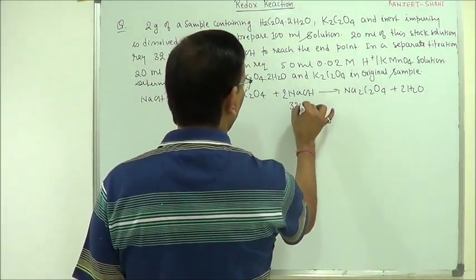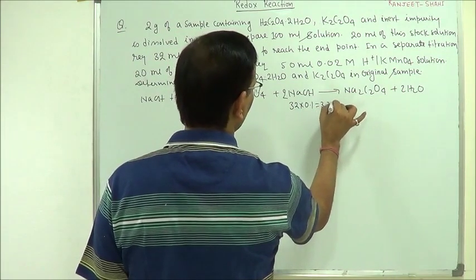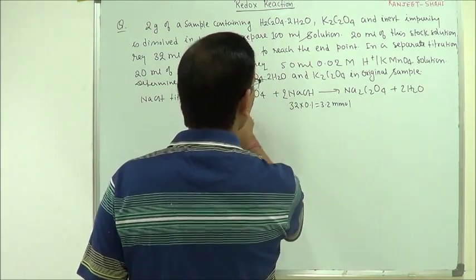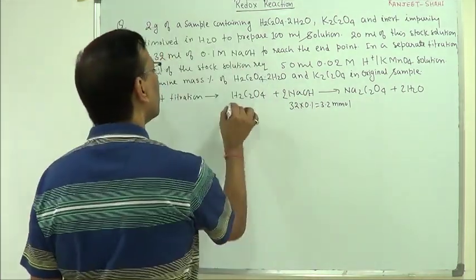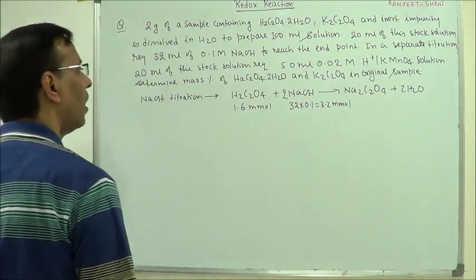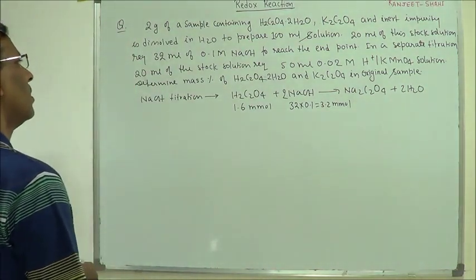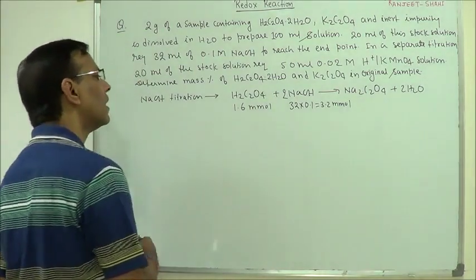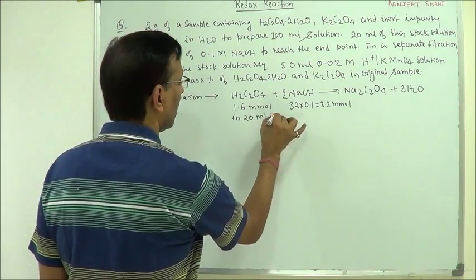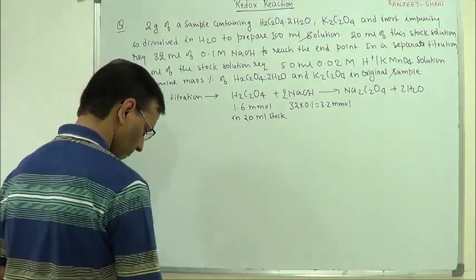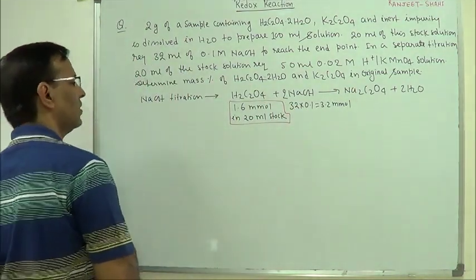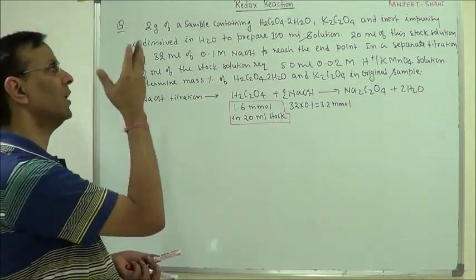So 32 into 0.1, so 3.2 millimole. 2 mole of NaOH reacts with 1, so 3.2 will react with 1.6 millimole. So 20 ml stock solution contains 1.6 millimole of oxalic acid. Same will be the mole of oxalic acid dihydrate also.